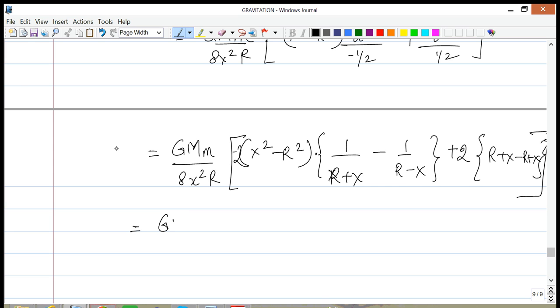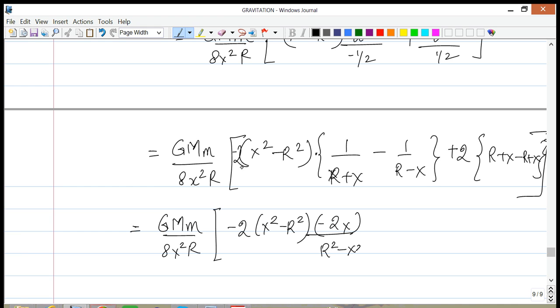What we end up getting is all this, GMm over 8x squared r, times minus 2, x squared minus r squared. Now this will simplify to negative 2x over r squared minus x squared plus 2 times 2x. Oops, there's no parentheses here.